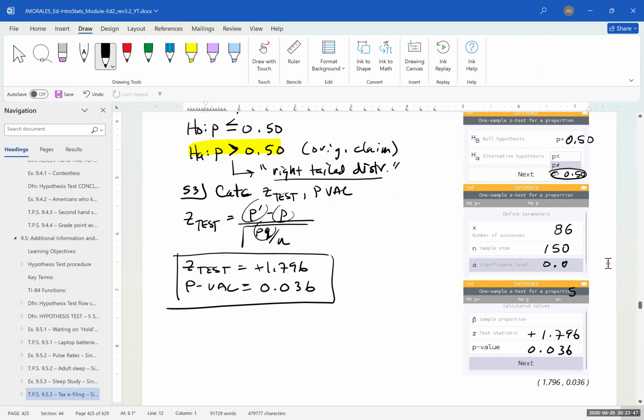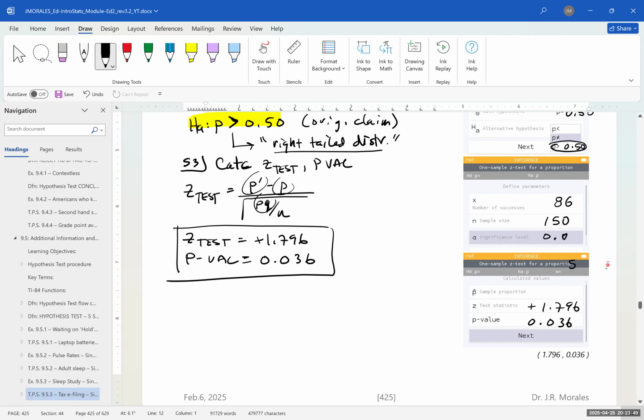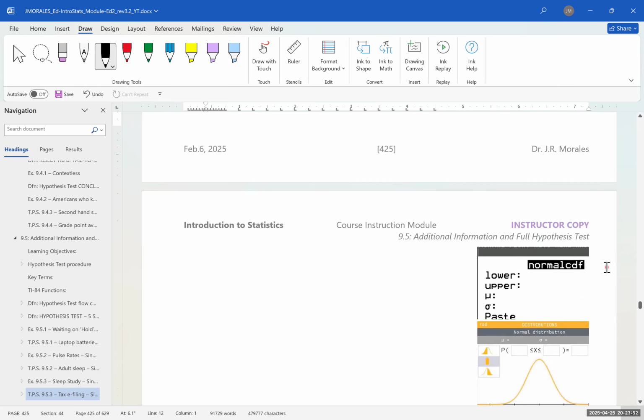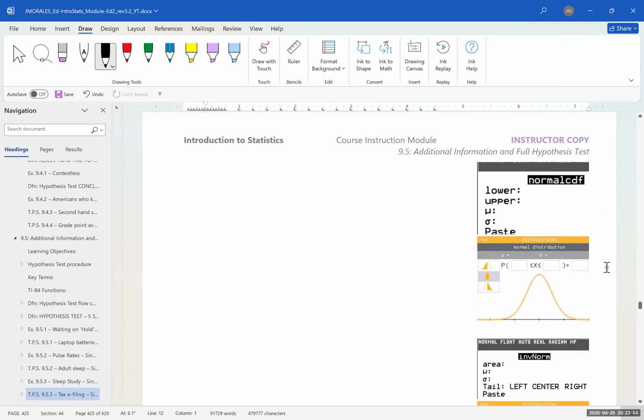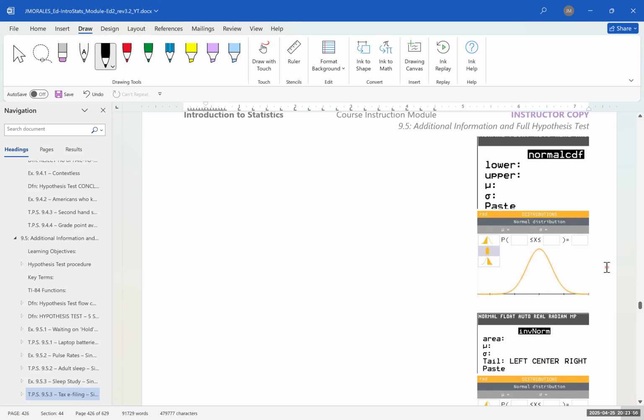Okay, so let's go ahead and scroll down to the next page, and let me go ahead and write those values in. There we go.